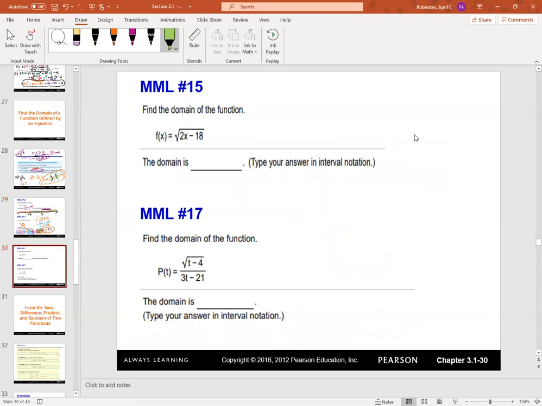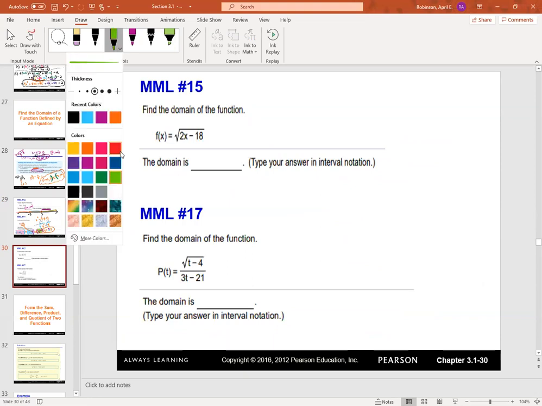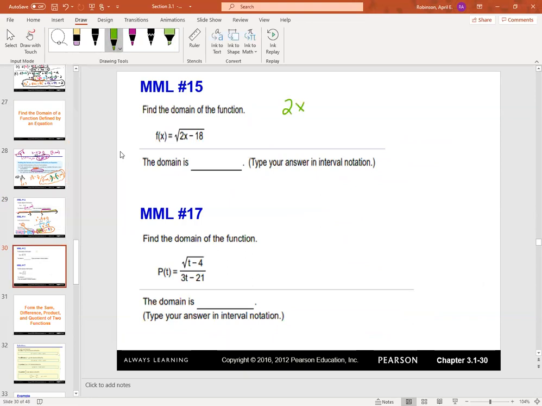15 has find the domain of this function, but this one has a radical in it. So for the radicals, you have to say, okay, the 2x minus 18 has to be greater than or equal to 0, because under a radical, you can't take the square roots of negatives.